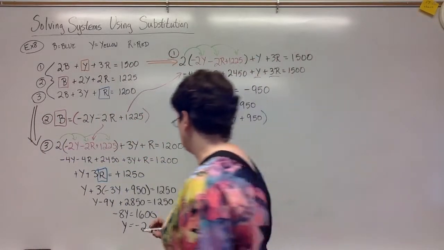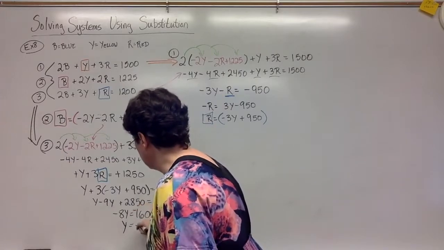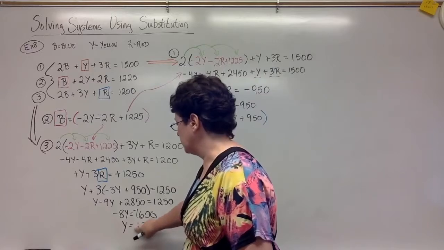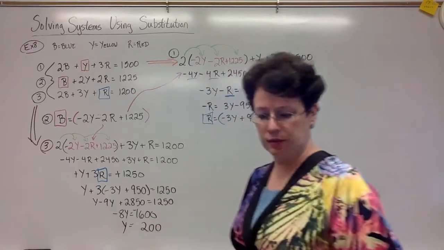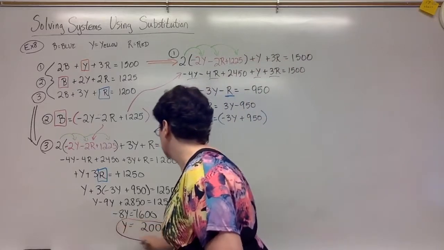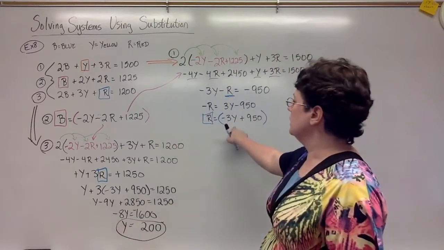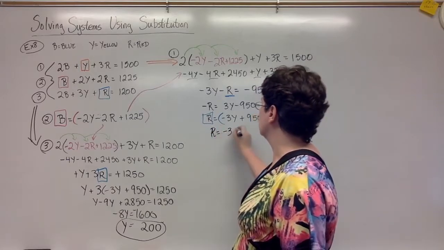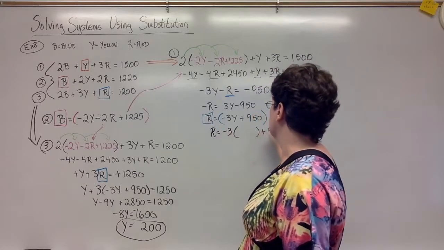I did something wrong. There's a negative sign right there, right? Yep, so that's a positive 200. Can't have a negative amount of points. That was my first clue. So y is 200. Now I can plug y in here and find r. So it's negative 3 times that plus 950.